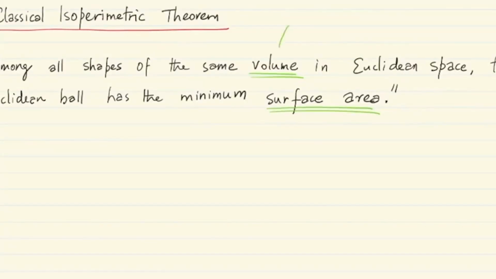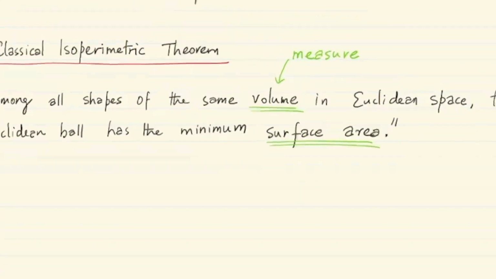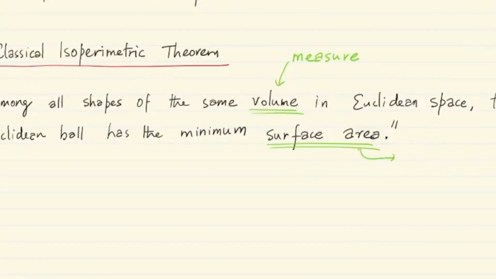There is a term which is indicative of a measure, or volume, in the sense that it measures size, and there is a term that measures what is called perimeter or surface area. In some sense we will show that this can be interpreted in terms of distances. So what we need typically to frame classical isoperimetry statements is the notion of a metric measure space.